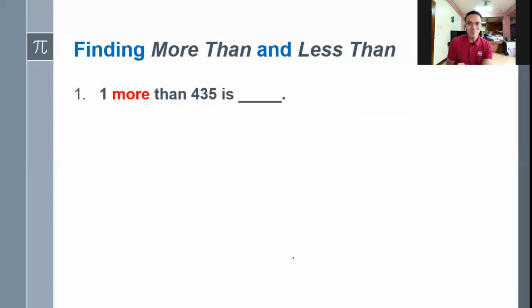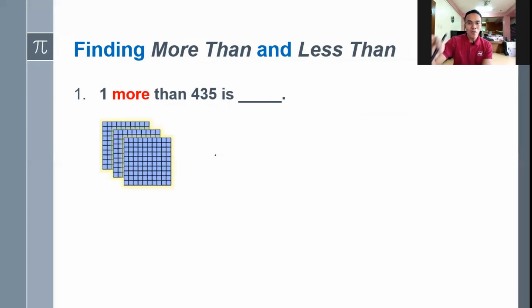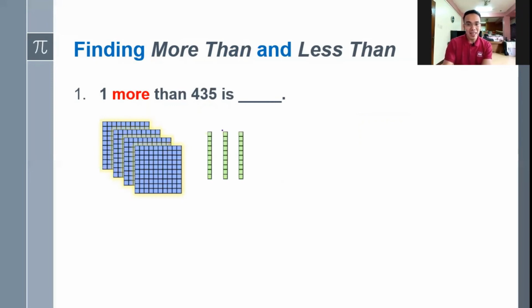Okay, this time we have finding more than and less than, starting with question number 1. 1 more than 435 is what? 435 has 4 hundreds, 3 tens, and 5 ones.